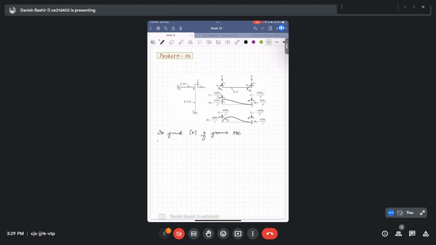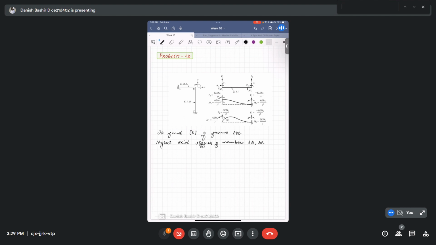We have to neglect axial stiffness of members AB and BC. So this is the assumption given.